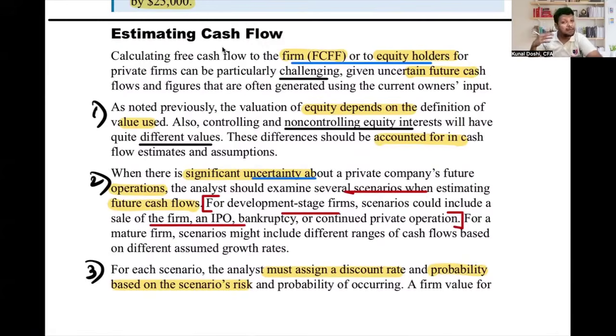Then things might completely change. So there will be multiple scenarios, and the analyst must assign different probabilities. Cash flow estimation is going to be very complicated, whether FCFF or FCFE, whatever valuation you use. It is relatively more complicated, correct?